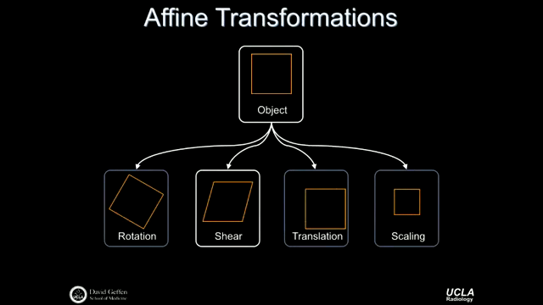If you know something about affine transformations, this is all I'm really talking about. If you have some object, an affine transformation is just a matrix operator that can confer any of these possible attributes. It can rotate the object, shear the object, translate the object, or scale the object. And we effectively have rotations in MR. Our spin system can be forced to rotate.